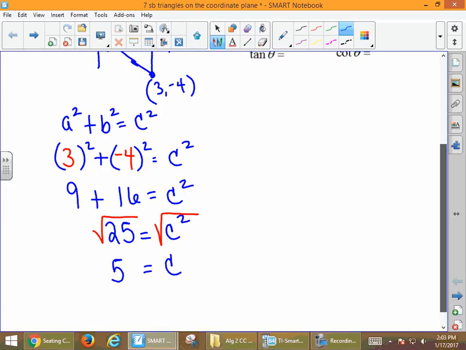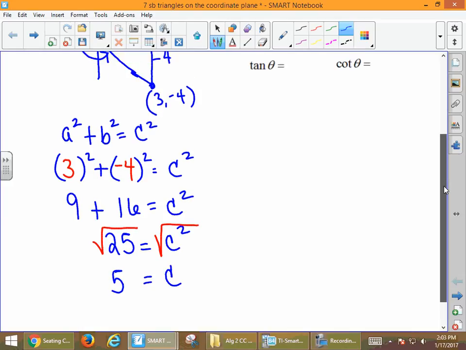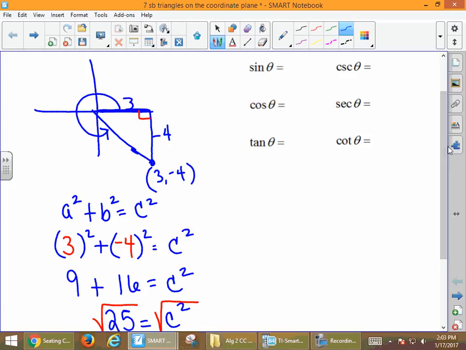Technically, it would be plus or minus 5. But since we're really dealing with the distance, Nicole, we just want to deal with the positive value. But that's why I said, I know that this is a distance here. The 4 is a distance. The negative is telling us that we're going in the downward direction on that.